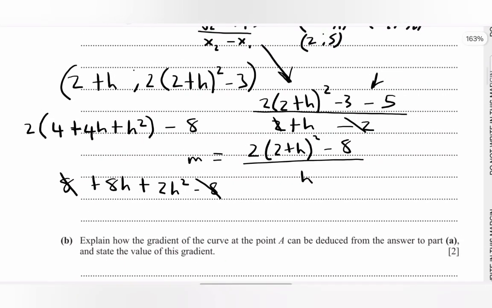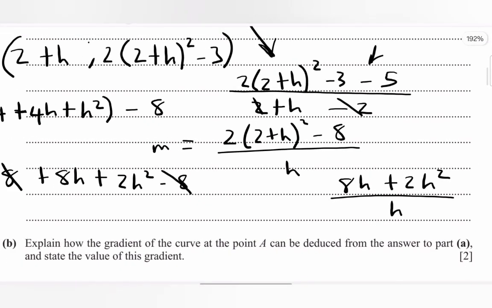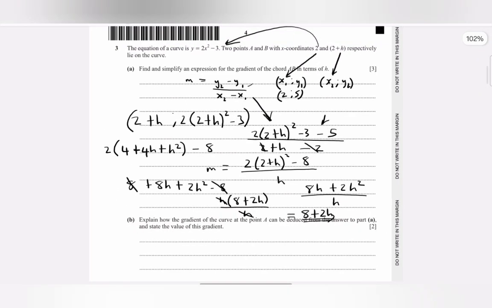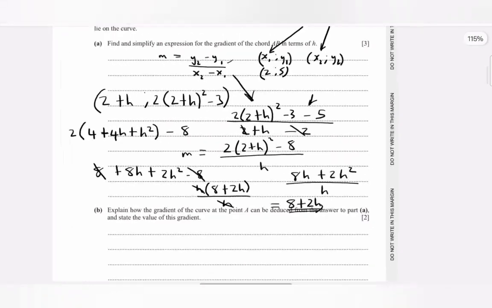So we're now left with 8h plus 2h squared for the numerator and h for the denominator. And factoring out h on the numerator, we get h, 8 plus 2h over h, and these will cancel out like that, and we'll be left with 8 plus 2h, like that. And that will be our simplified expression for the gradient of the chord AB for 3 marks.